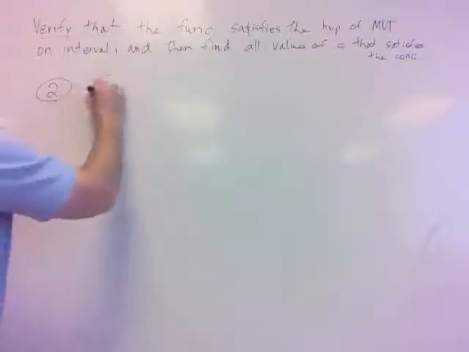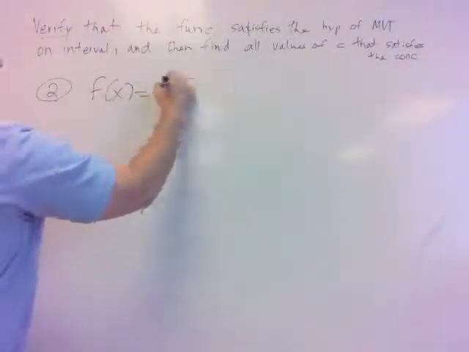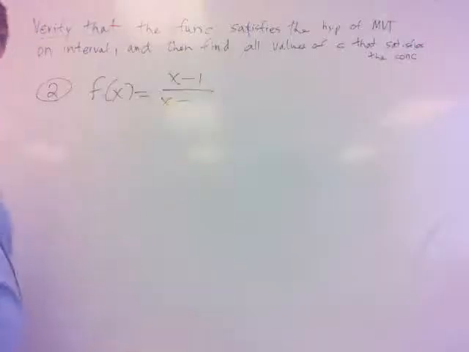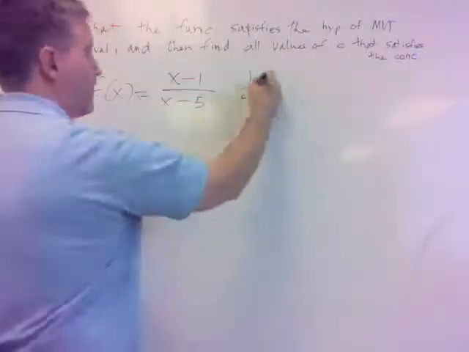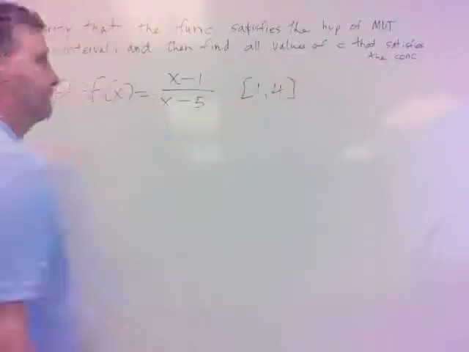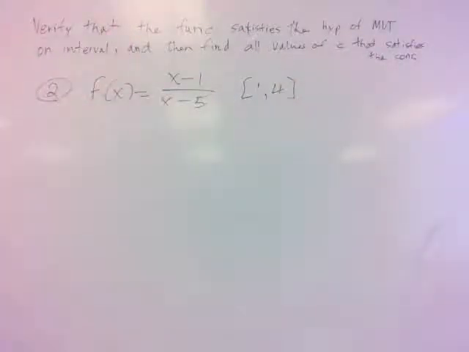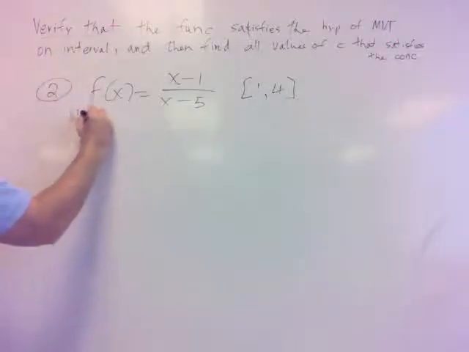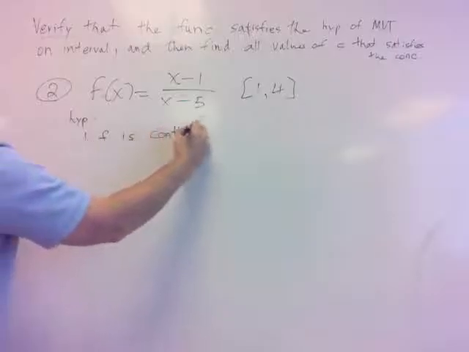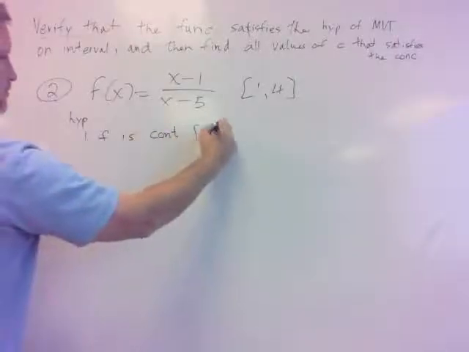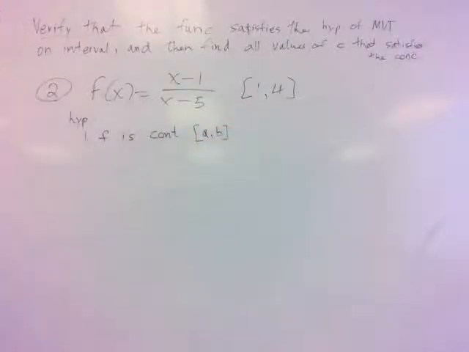F of x equals, in this case though, x minus 1 over x minus 5. And the interval we're on is 1 to 4. Well, you might be thinking, whoops, I see where it's not continuous here, so are we going to run into a problem? Well, here's the thing. First, verify the hypotheses. Number 1, F is continuous on A to B, 1 to 4.